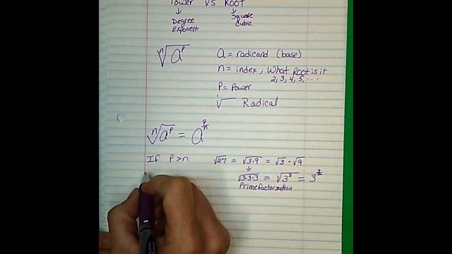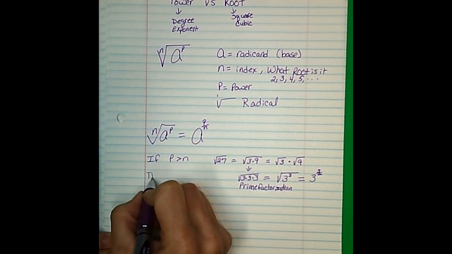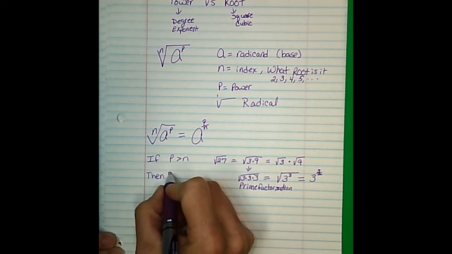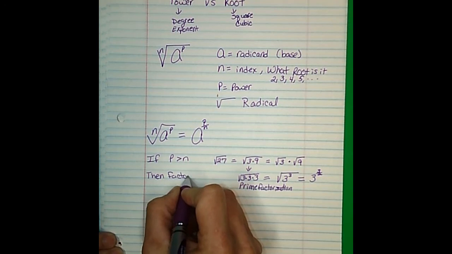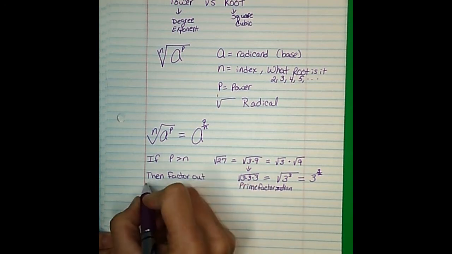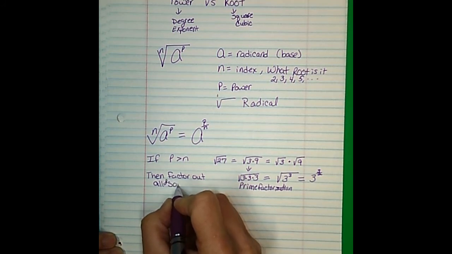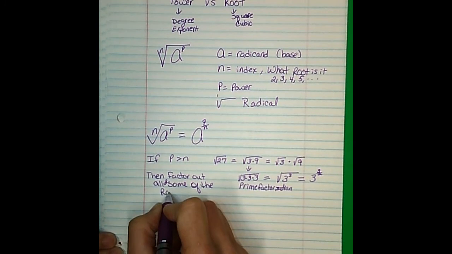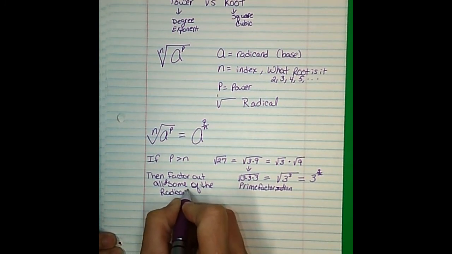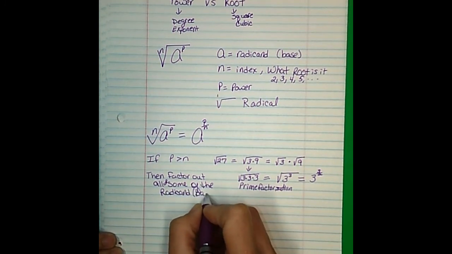If this is happening, then you can factor out all or some of the radicand, which we sometimes call the base, depending on if it's broken down well enough.